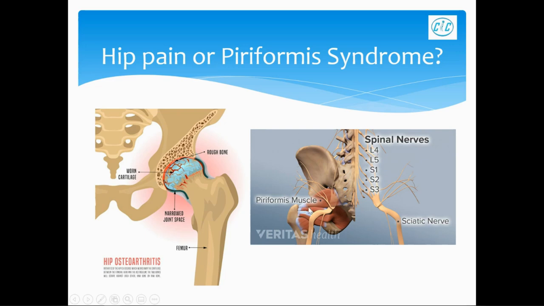And this piriformis muscle, in order to protect the joint, becomes tightened, or because the joint is not functioning well over time, it causes this muscle to become weakened and shortened. Due to that, it is also going to cause the sciatic nerve to become compressed. So the hip joint is causing this piriformis muscle to become tightened, shortened, and spastic, or a combination of those, which is going to irritate the sciatic nerve and cause sciatica due to the hip damage.